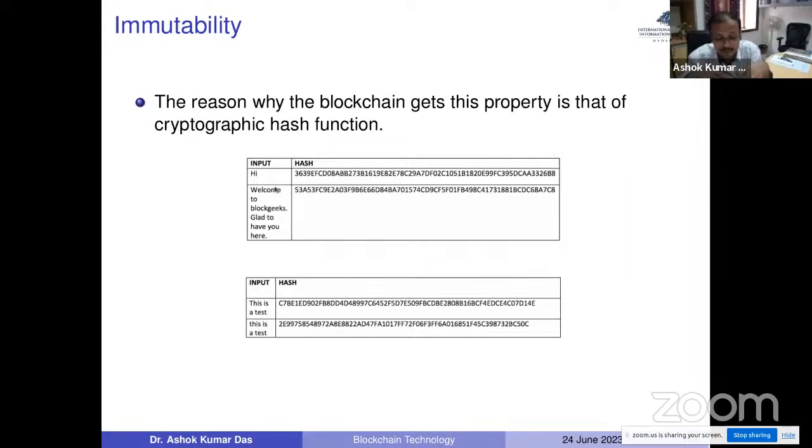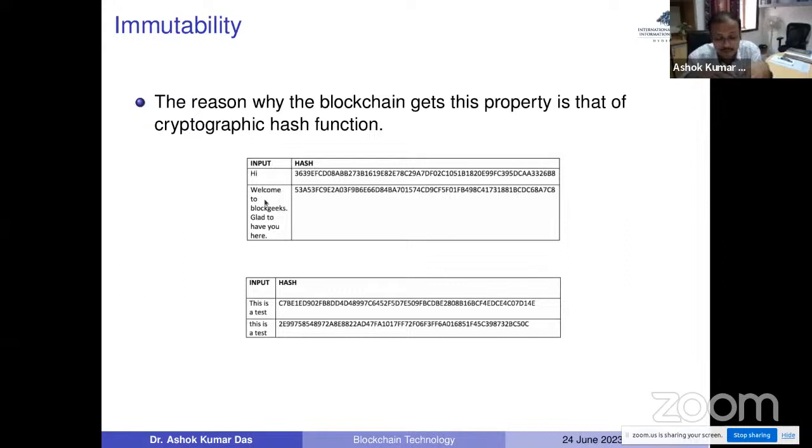If we take the first example, suppose we give the input as "hi" and run it through the SHA-256 hash algorithm, we get a 256-bit hash value, written in hexadecimal format.